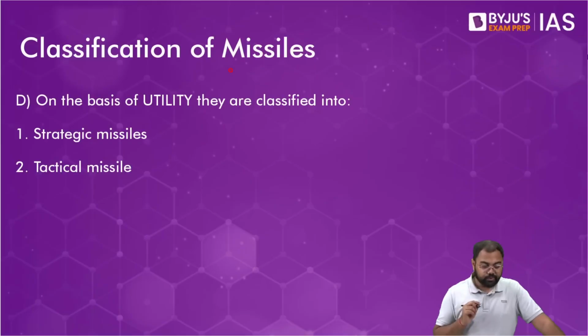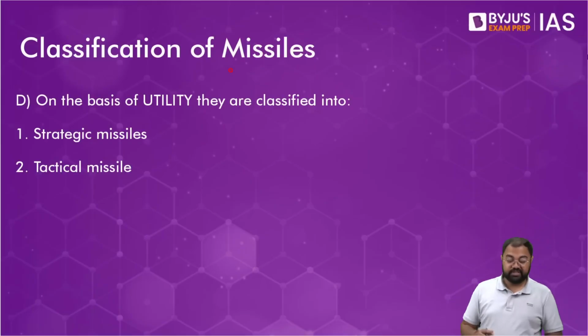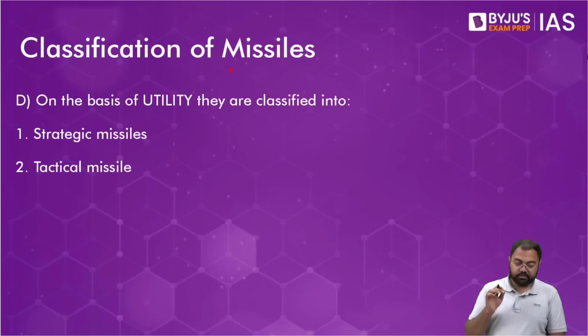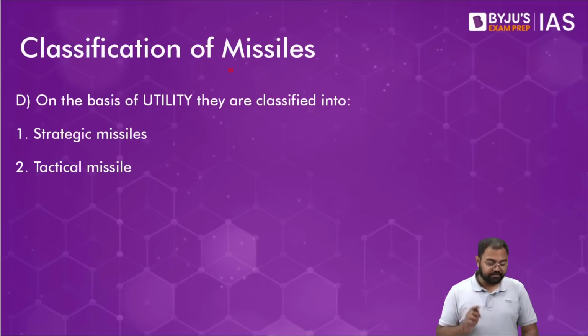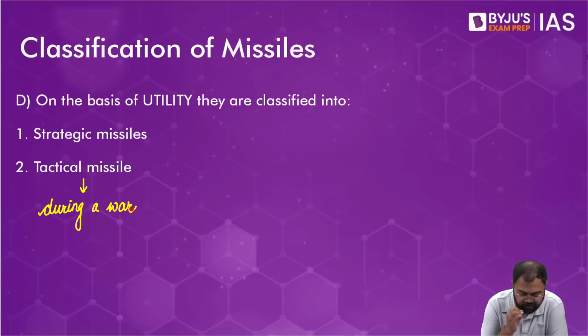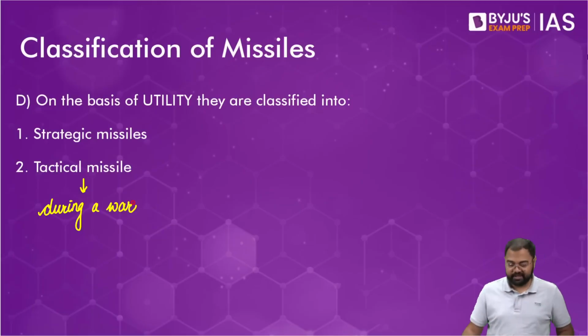Now, there's one more classification, and that's on the basis of their utility. We have strategic and tactical missiles. Tactical missiles are the missiles that we use in a battlefield, something largely that can be used during a war.